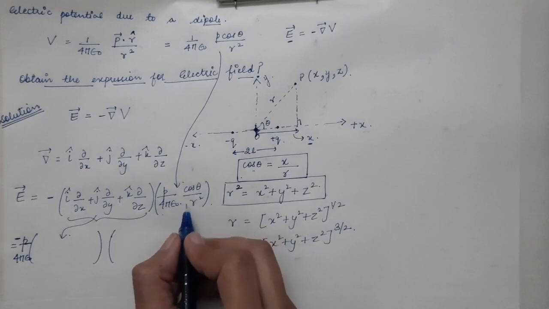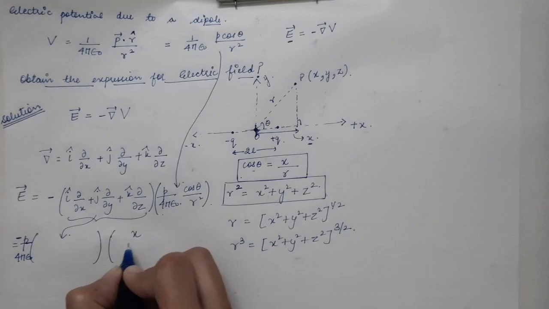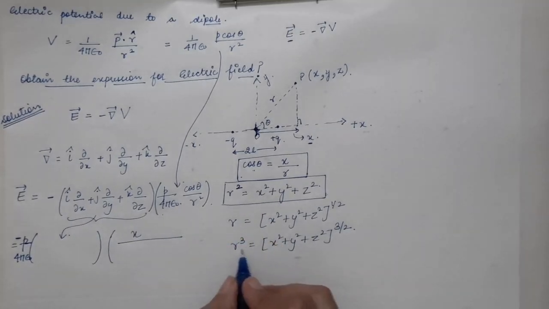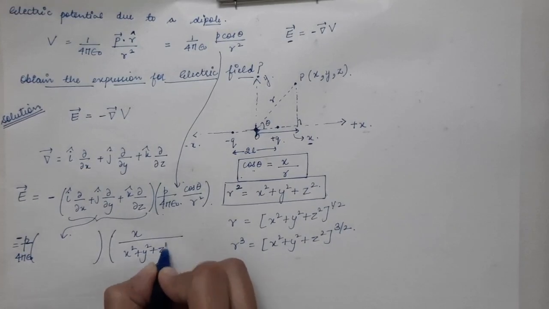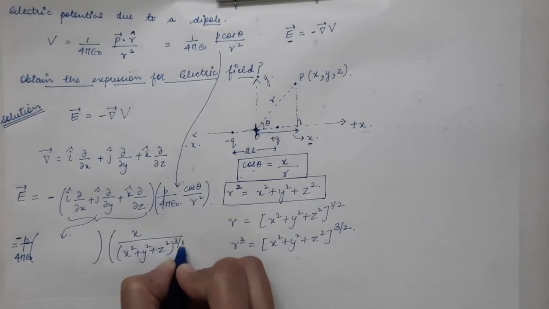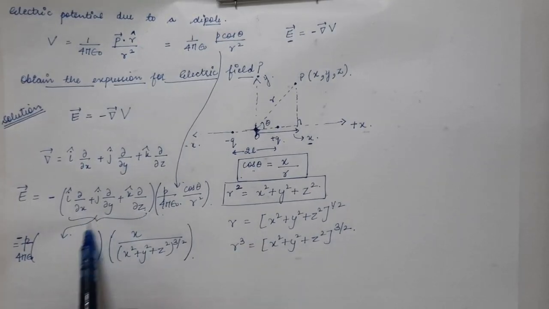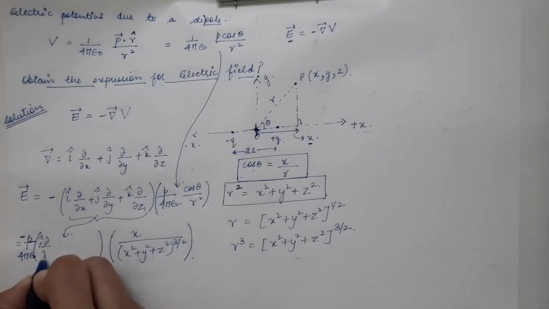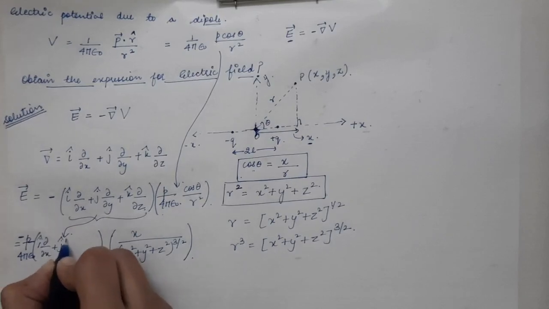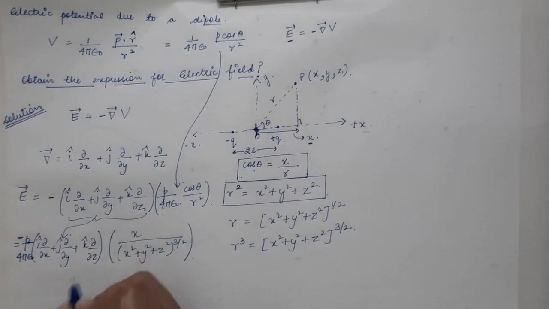So cos theta is x divided by r, so we will be left with x divided by r cube. So x will remain as it is, divided by r cube, which is nothing but x square plus y square plus z square power 3 by 2. And this whole del operator will be written as it is, that is i cap del by del x plus j cap del by del y plus k cap del by del z.